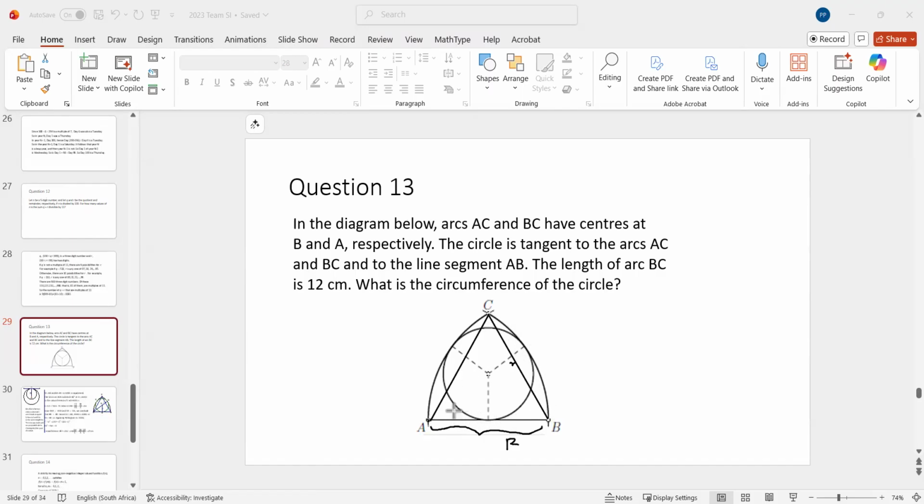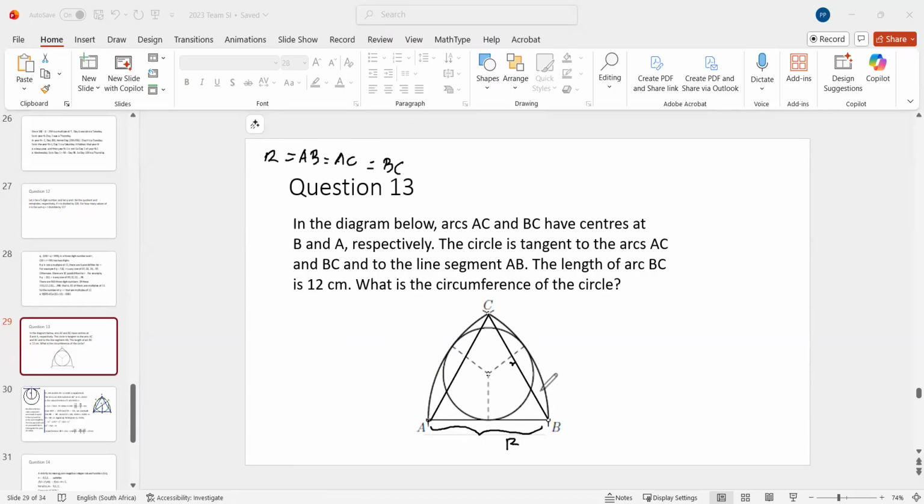So AB is the radius, so AC is also R. AB is equal to AC is R. And here you've got BA is the radius for this arc, and BC is also the radius for this other arc, so it's also equal to BC.